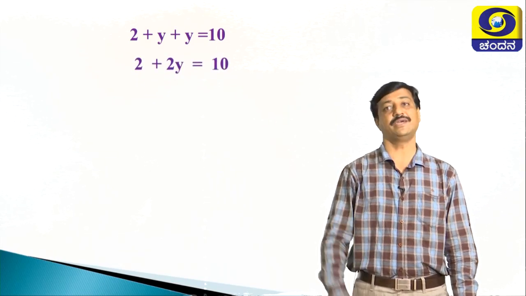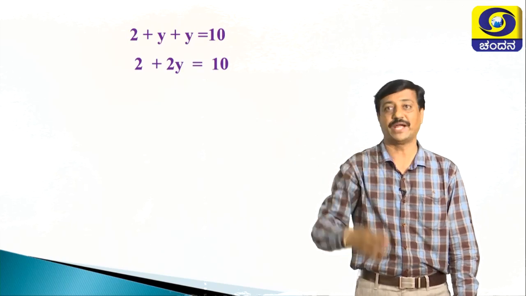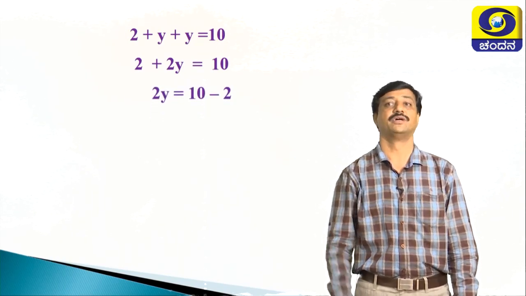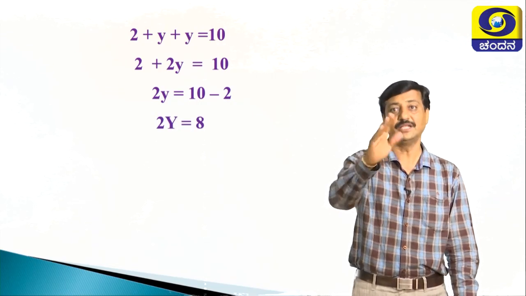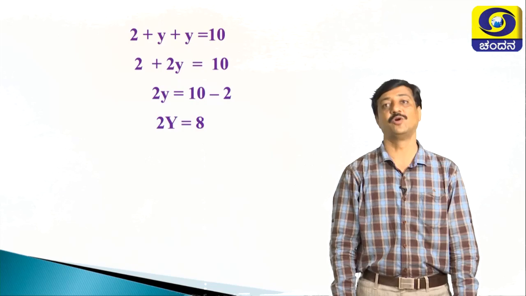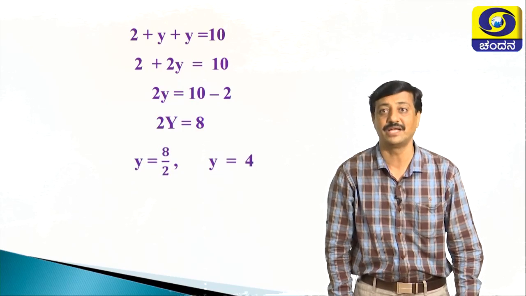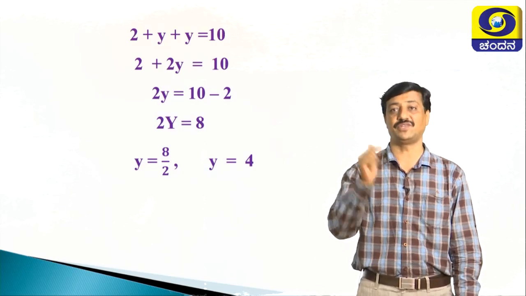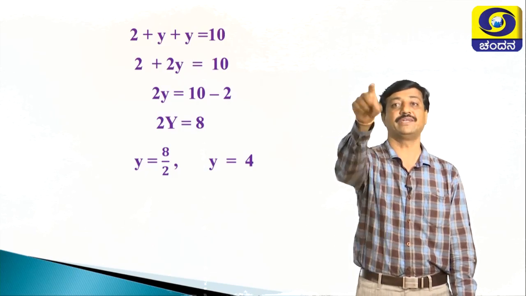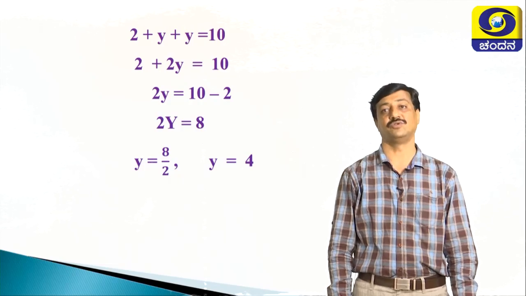So, 2 plus 2y is equal to 10. Now, transpose 2 to the right side, you get minus 2. The difference, 10 minus 2, gives 8, and transposing the 2 again to the right side, it goes to the denominator, then you get the y value as 4. After substituting equation 3 in equation 1, you get y equal to 4.